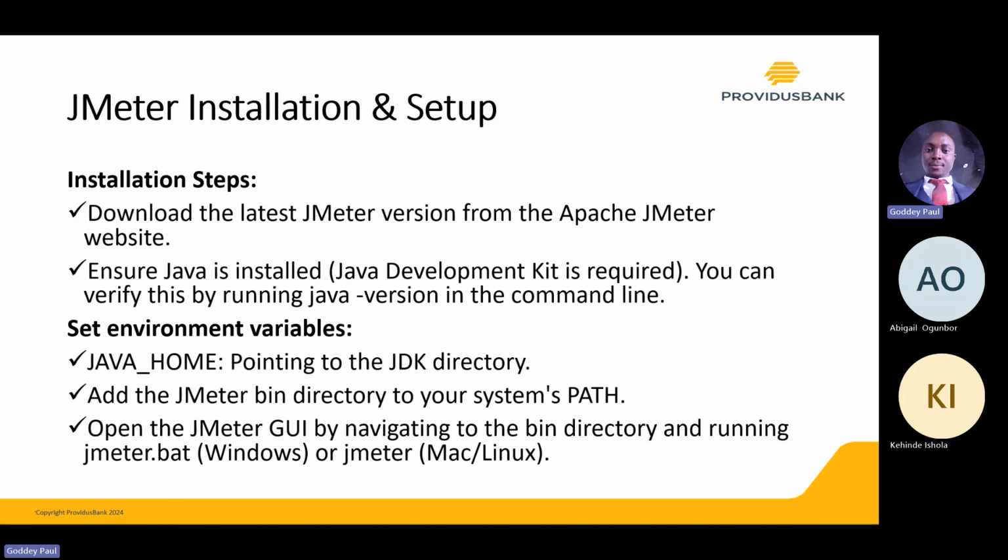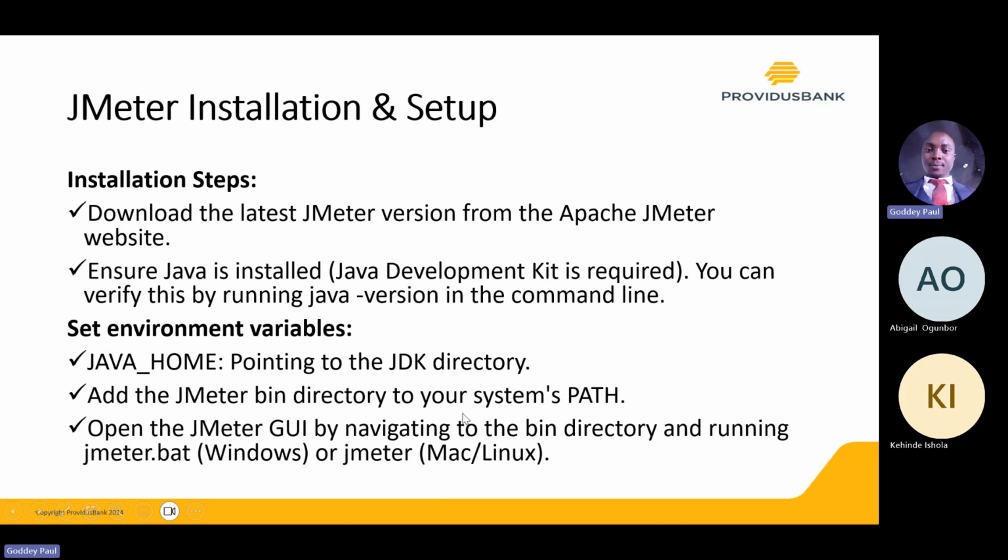But JMeter is powered by Java. So if you don't have Java installed, you might not be able to use JMeter. Part of the installation step is to ensure that Java is installed, and what I mean is the Java Development Kit. You want to verify that.